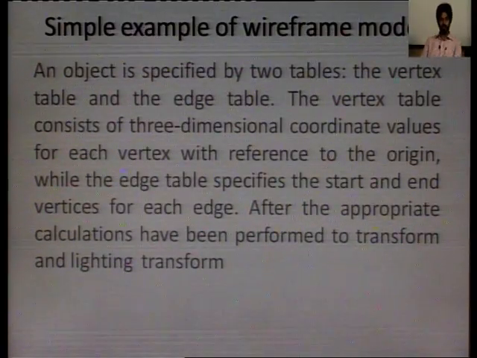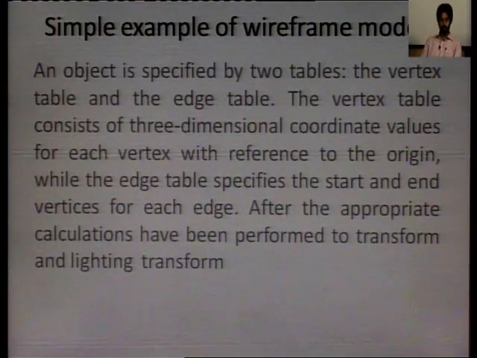After the appropriate calculation, we perform the transfer and lighting transform. Once again, a simple example of wireframe model of an object.